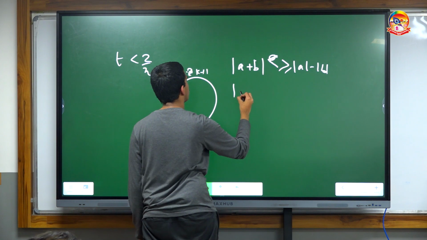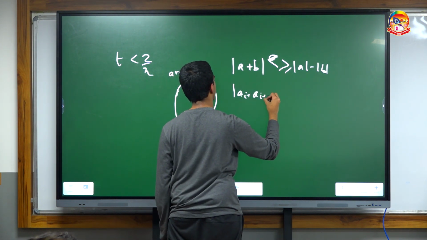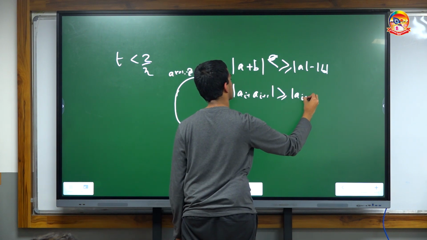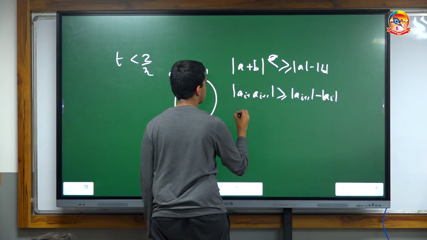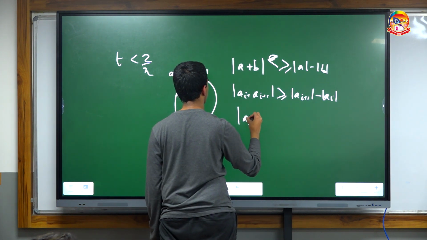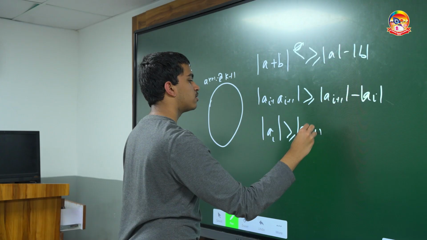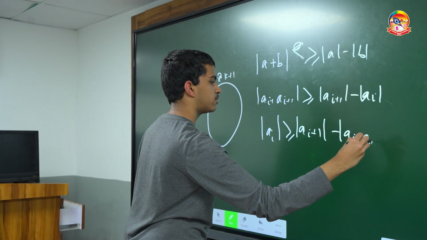So you get that mod a_i plus 1 is greater than or equal to mod a_{i+1} minus mod a_i.